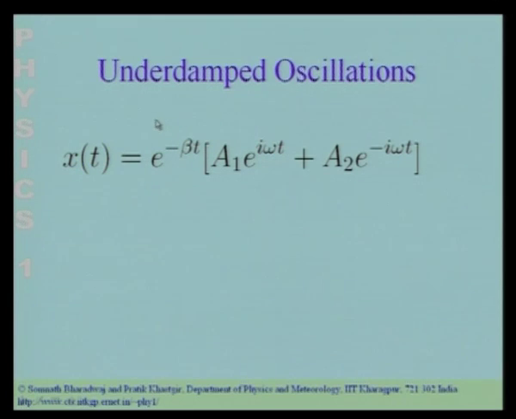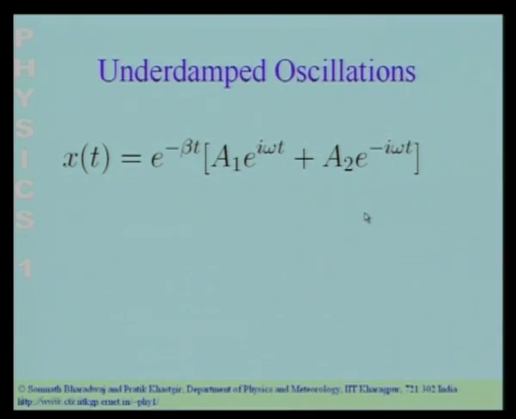What you are left with are the two different roots, e to the power i omega t and e to the power minus i omega t. And these two solutions could have two different coefficients, amplitudes a1 and a2. So the combination of these two gives you the total solution.